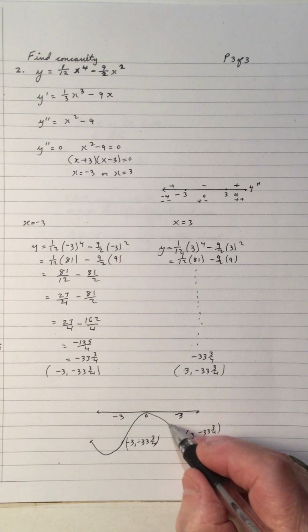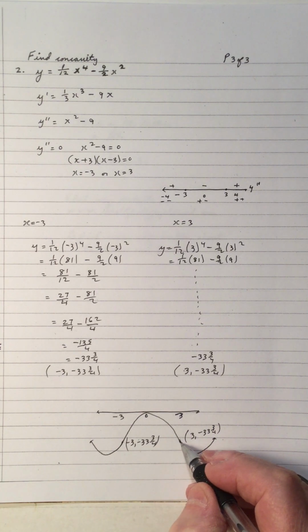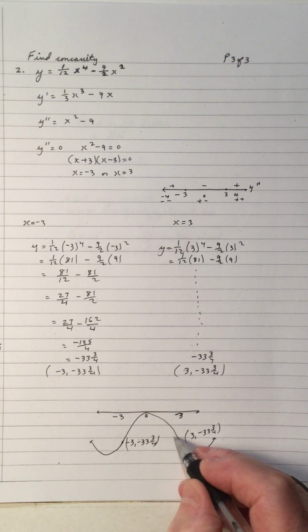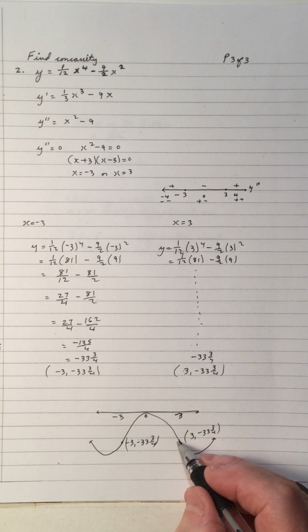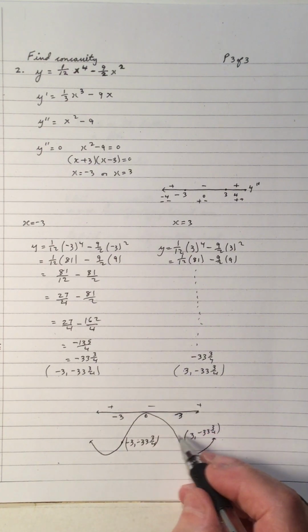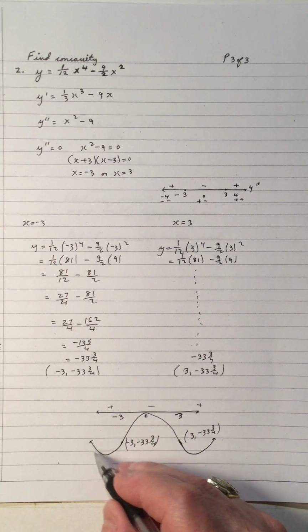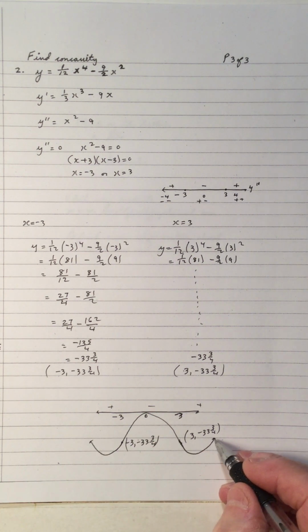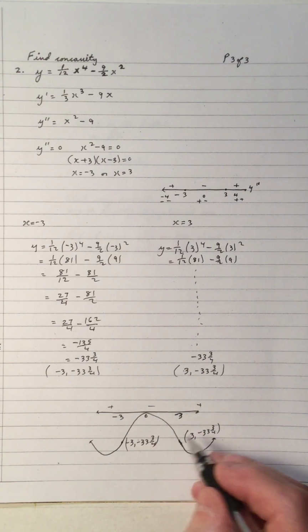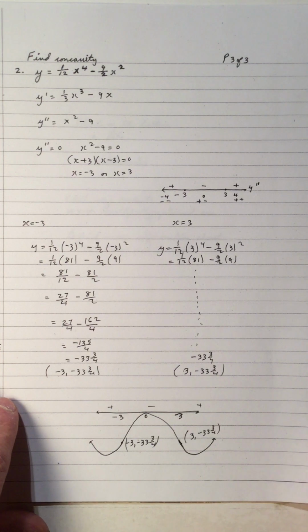Notice it's concave upward on the outside, and in between the two inflection points, it's opening down. So this is the plus, this is the plus, this is the minus. So positive is opening up, and a negative is opening down. So that's showing about the concavity.